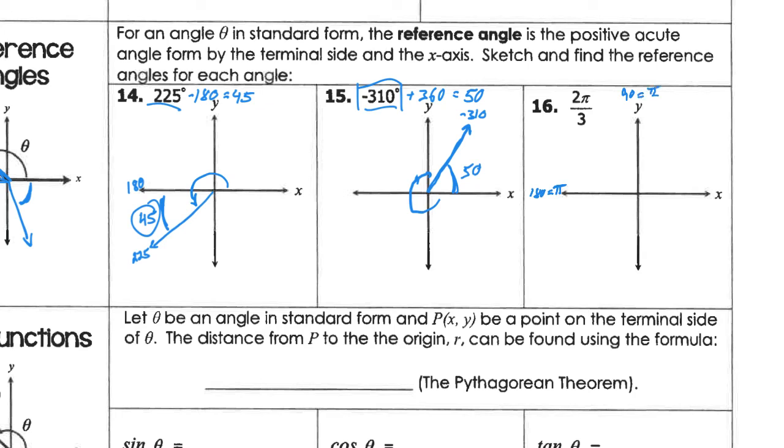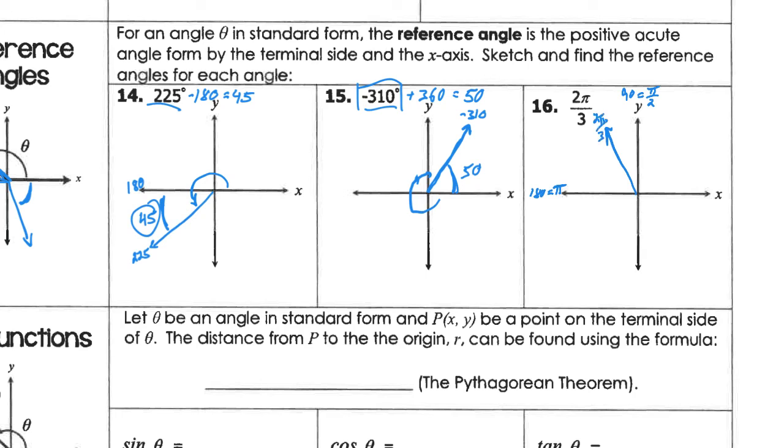So pi divided by 2, or half pi, is straight up. Now this is 2/3 pi. 2/3 is bigger than 1/2. 2/3 would be 0.6 repeating, the 1/2 would be 0.5. So I know it's somewhere in here. It doesn't have to be perfect. So this is 2 pi over 3.